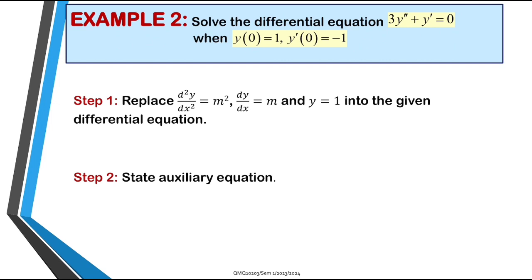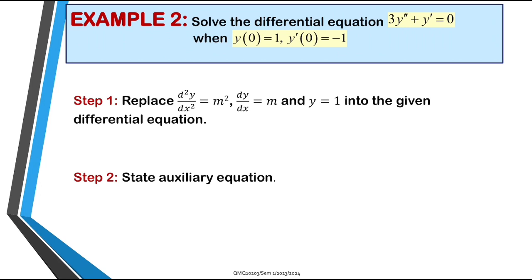Example number 2. Solve the differential equation 3y double prime plus y prime equal to 0 when y(0) equal to 1 and y prime(0) equal to minus 1. So the first step is we change it into the auxiliary equation by using this replacement: d squared y over dx squared equal to m squared, dy over dx equal to m, and y equal to 1.